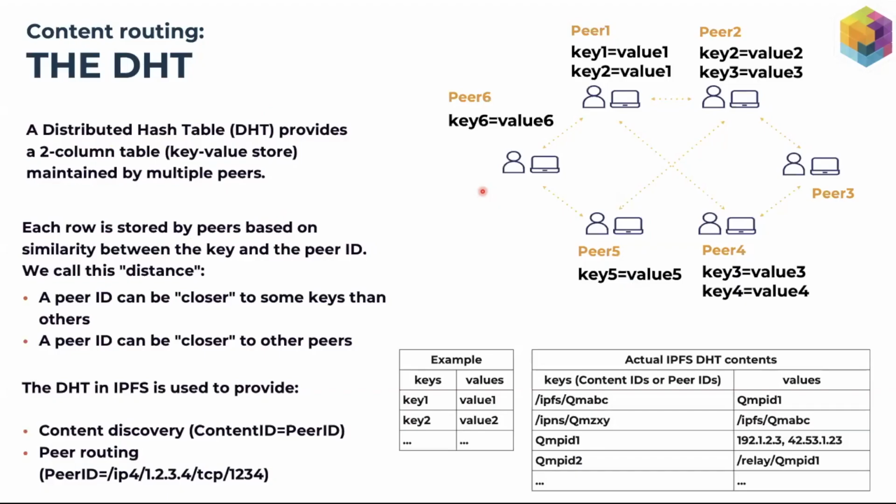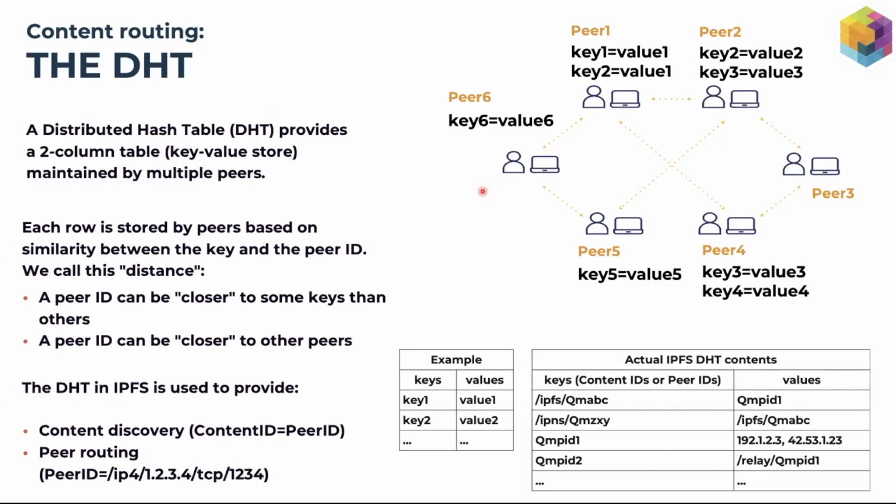So the DHT itself, I've got several slides, but I'm just going to go through the most important material. It is a key value store, as we know, and it's used for content discovery and for peer routing.